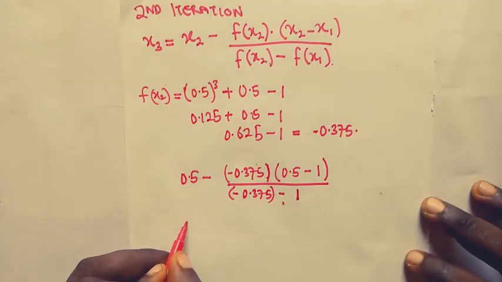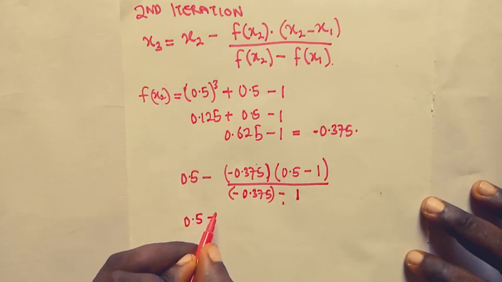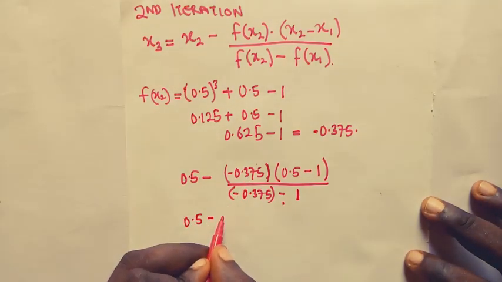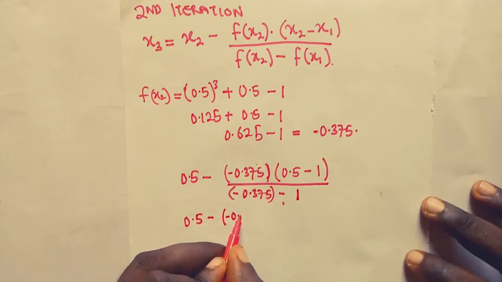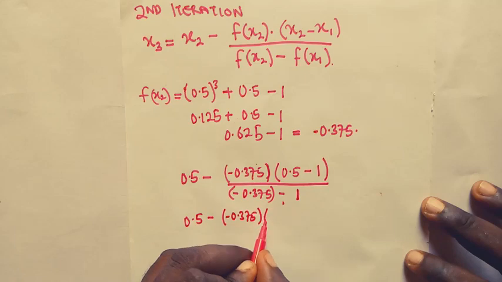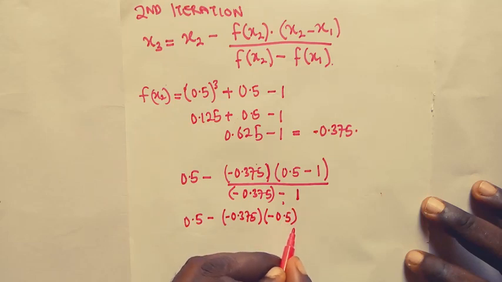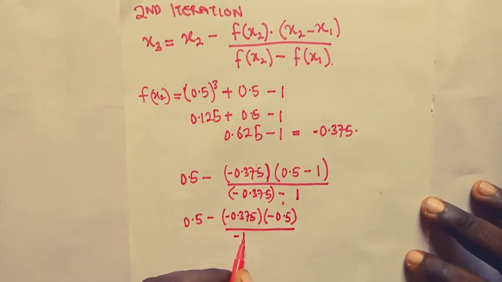So evaluating this, I have 0.5 minus 0.375, and this will give me minus 0.5, and here I have minus 1.375.